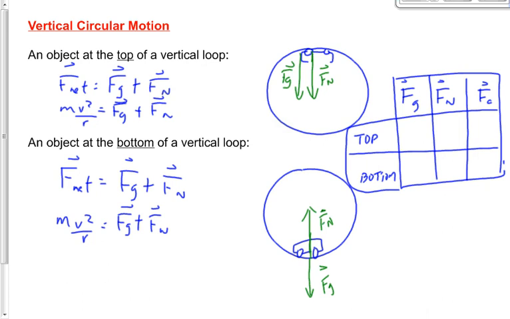When this object is at the top of the circle, FG will be what? Positive or negative? This is the easy one. When you're at the top of the circle, FG is pointing which way? Seth, which way is the force of gravity pointing at the top of the circle? Down. So it's going to be positive or negative? Good. So we're going to make it negative. In fact, FG is pointing downward at the bottom of the circle as well. So FG in these problems will always be negative for us. We got to label this positive here, but as soon as we plug the number in for it, we make it negative.